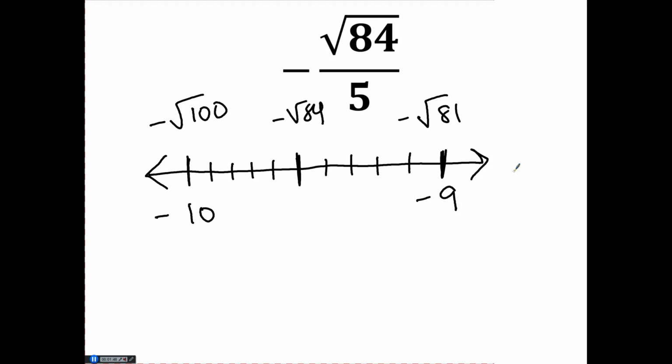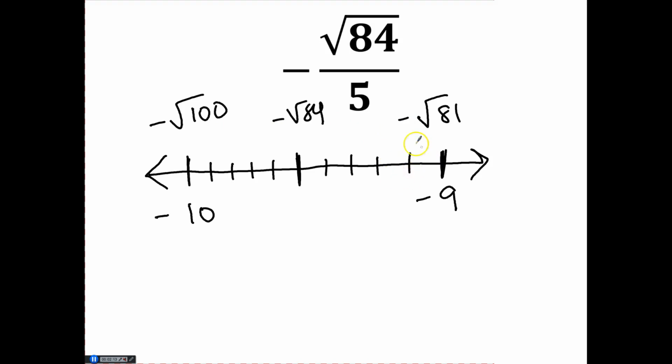So negative square root of 84 is closer to the negative square root of 81, right? But if we look at the span, 100 to 81 is 19 away, so there is a lot of room in here.